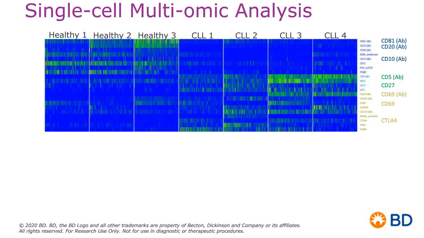Now, if I then look at CLL sample 4, that's actually positive for CD69 antibody as well, but mRNA is incredibly low. And then I can look across CLL 1 and 2, and there is no CD69 antibody expression on those cells as well. Just driving home the fact that there's a lot of heterogeneity even within the CLL samples.